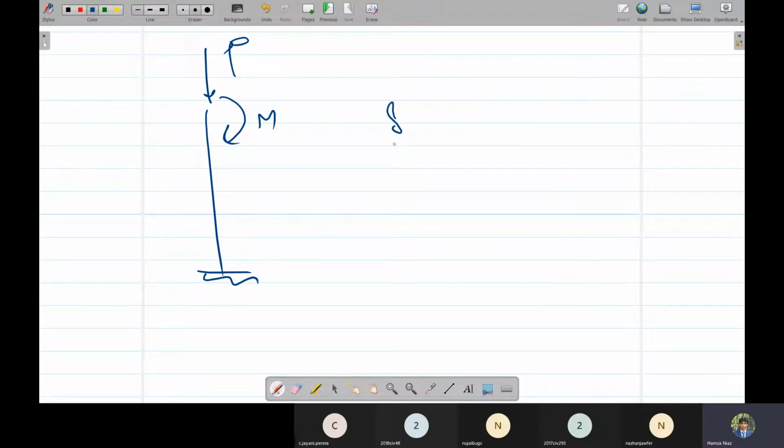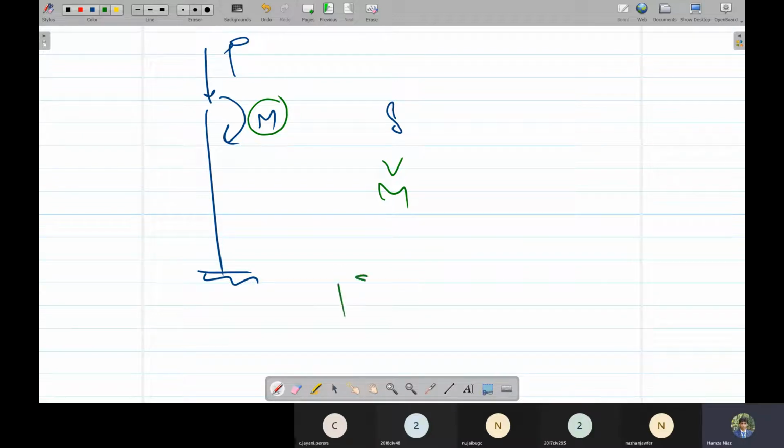We calculate axial stresses in this column, shear stresses in the column, and even bending moment. Because there is bending moment, there will also be shear. So this is first order effect, that due to the originally applied load, we are calculating the deflection and response, basically the response of the column. What is the response of the column to the initial load?